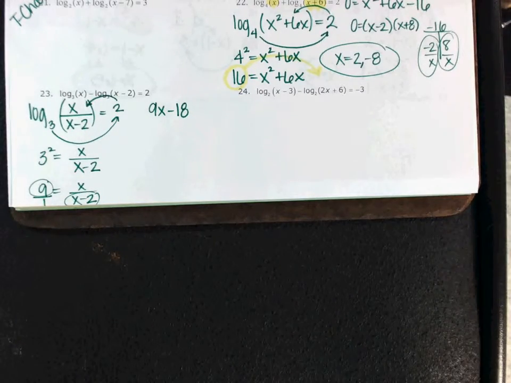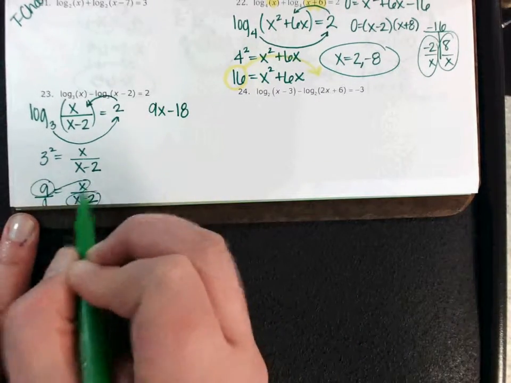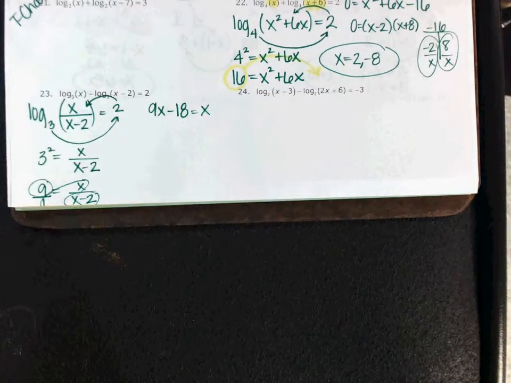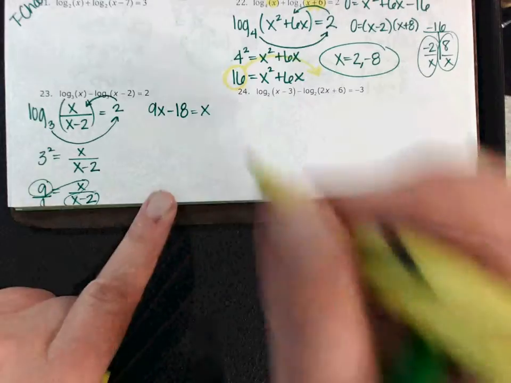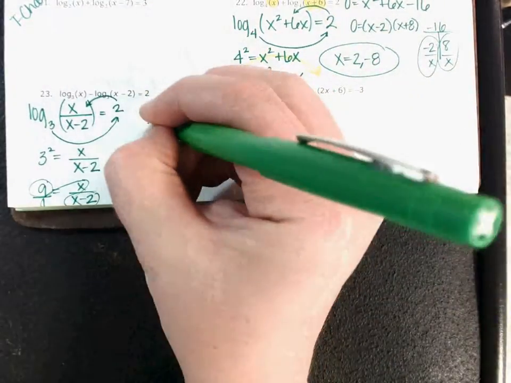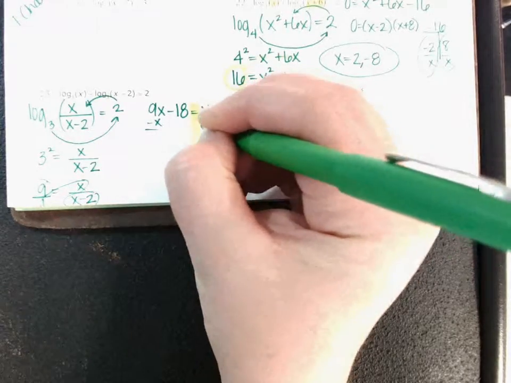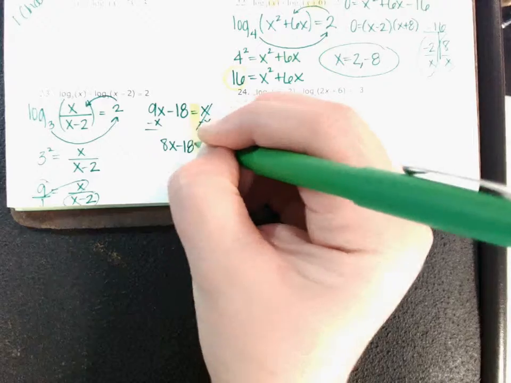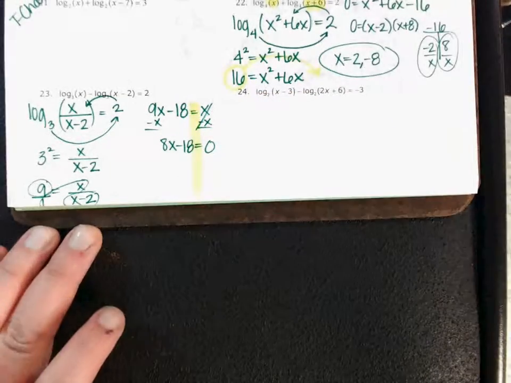Okay, then on the other diagonal, what's 1 times x? Just an x. Okay, drop my railroad tracks. I gotta bring the baby to the mama, so I'm gonna minus my x across here. What is 9x if I take 1 away? 8x. Minus 18, nothing's left, so I put a 0.